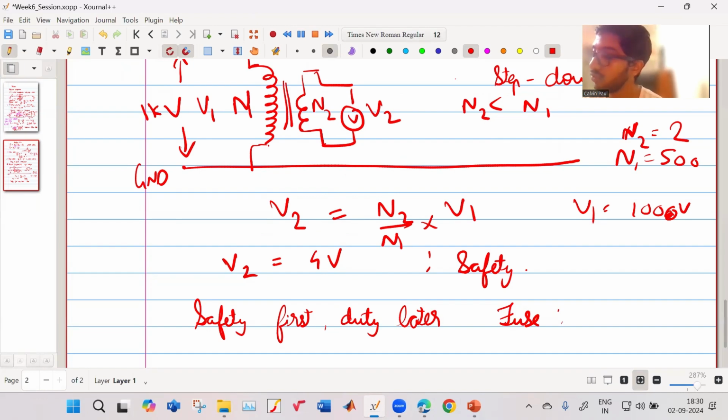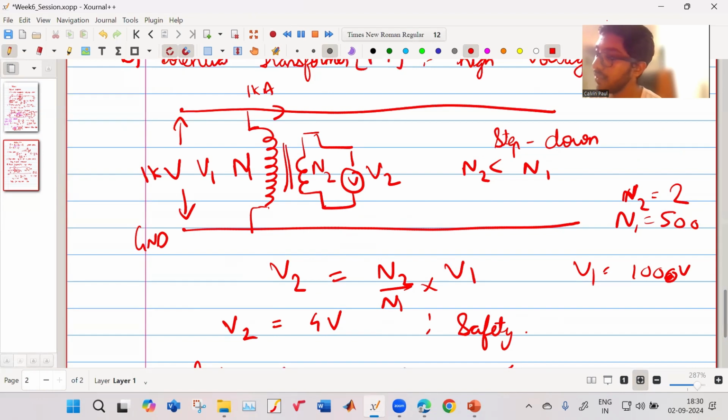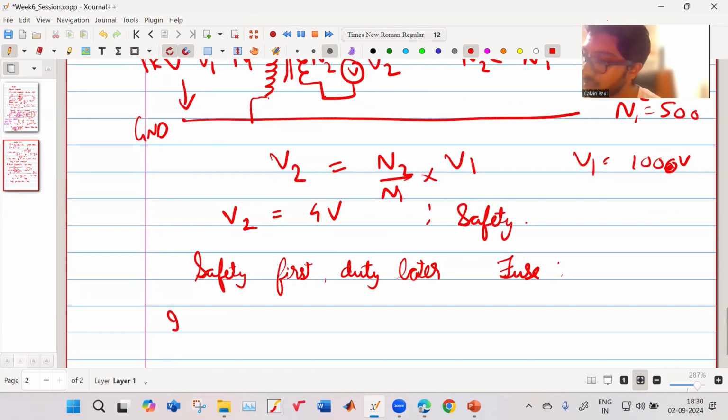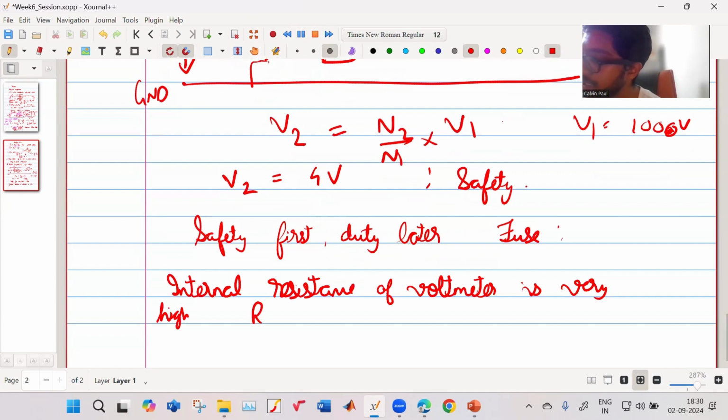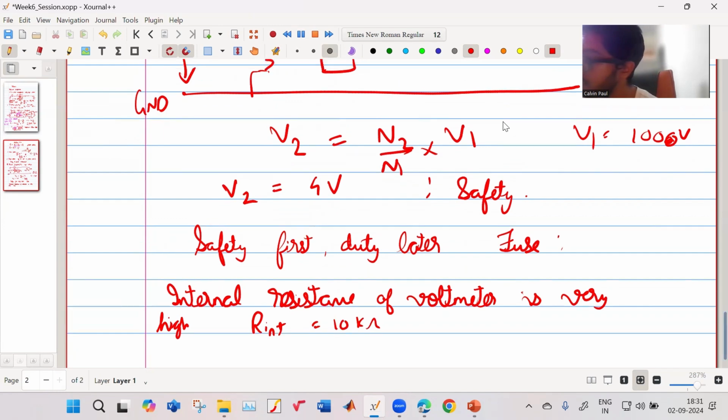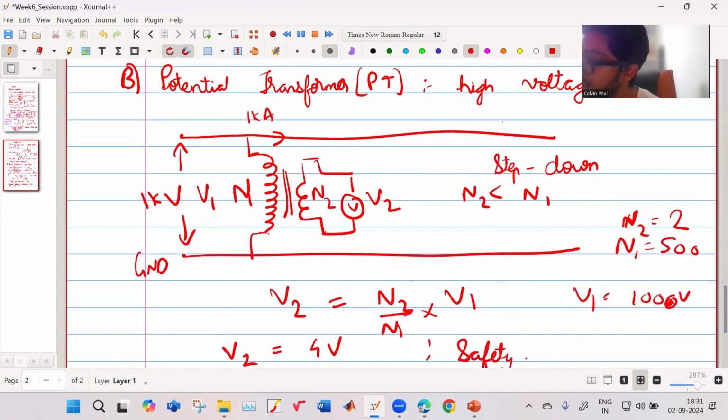Okay. So this is a voltmeter. The internal resistance of a voltmeter is very high. Let us say the internal resistance is 10 kilo ohm. So that means instead of the voltmeter, we have an equivalent 10 kilo ohm resistor.